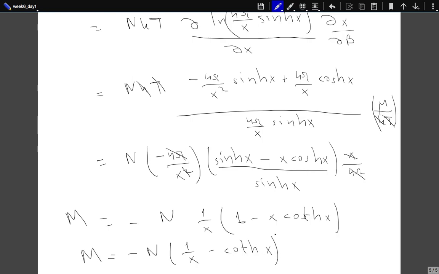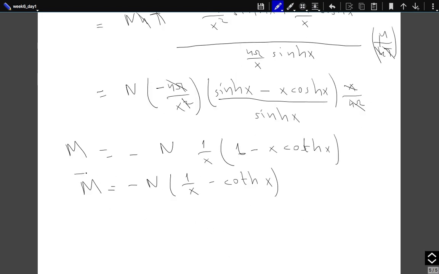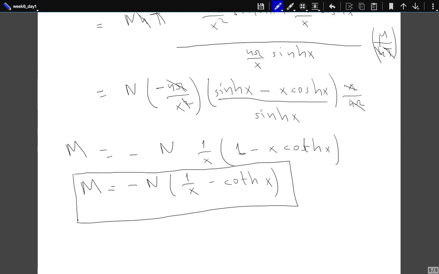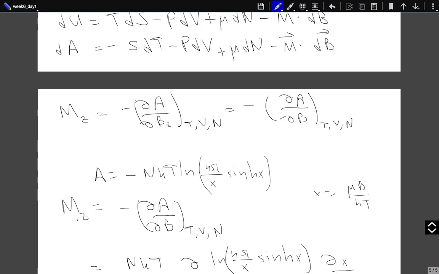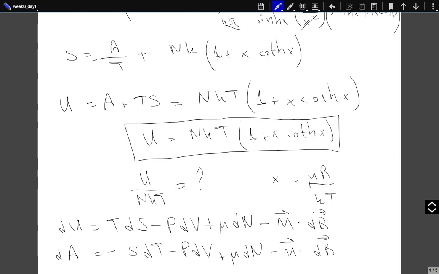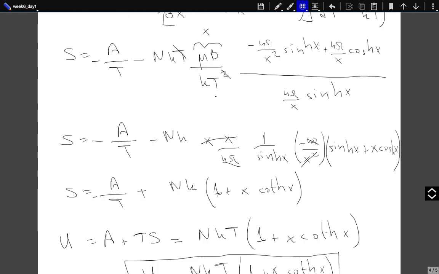This is the magnetization of my system. And then we also know the energy of my system. Well, here I made a sign mistake.